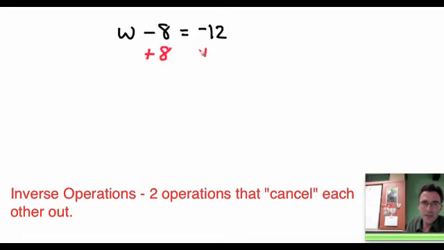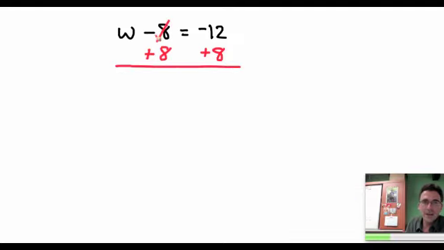And we will do the same thing on the other side of the equation. Let's see what we get. Negative 8 and positive 8 cancel one another out, which leaves just w on the left. And on the right, we have negative 12 plus 8, which is negative 4.